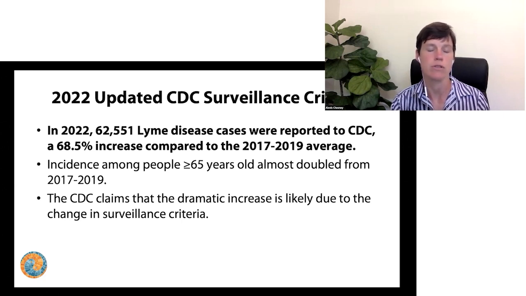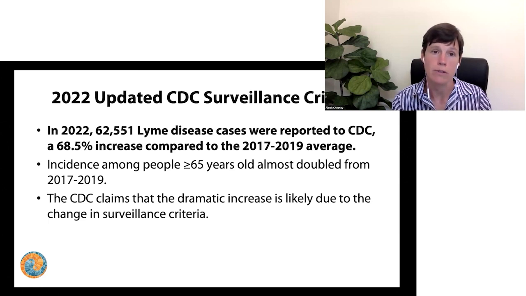Now, of course, there's also discussion about, well, why is this number so much higher? The CDC actually changed their criteria, which is a good thing. It's more inclusive of what needs to be looked at. And if we apply that idea of the 10%, maybe it's actually 620,000 Lyme cases in the last year.